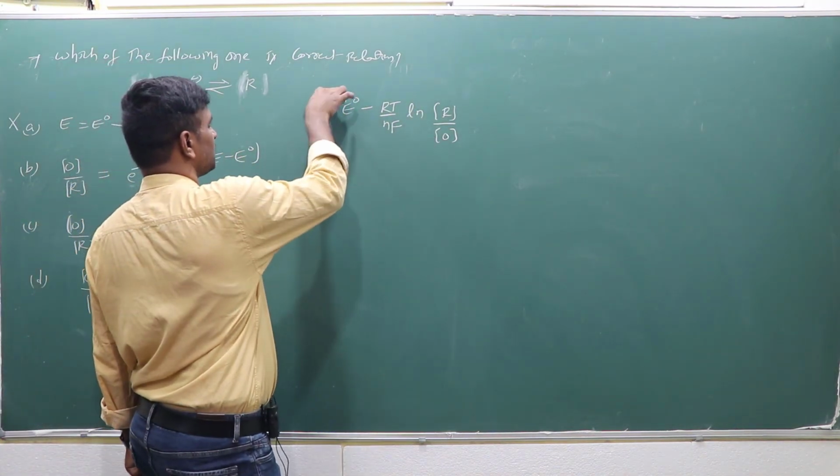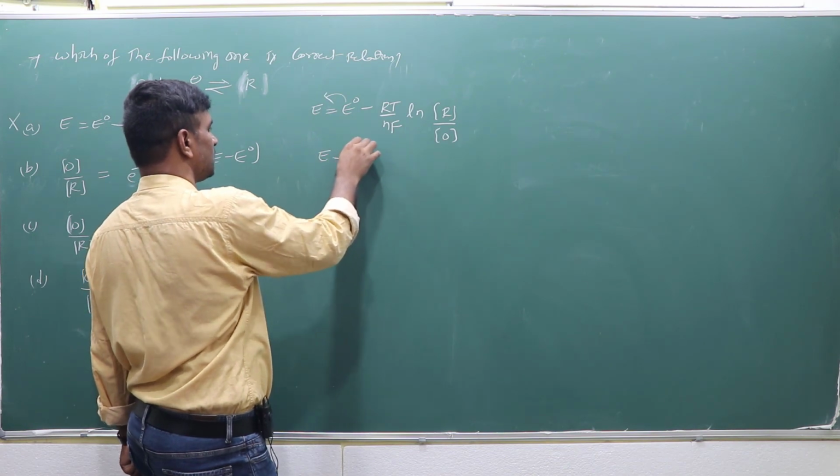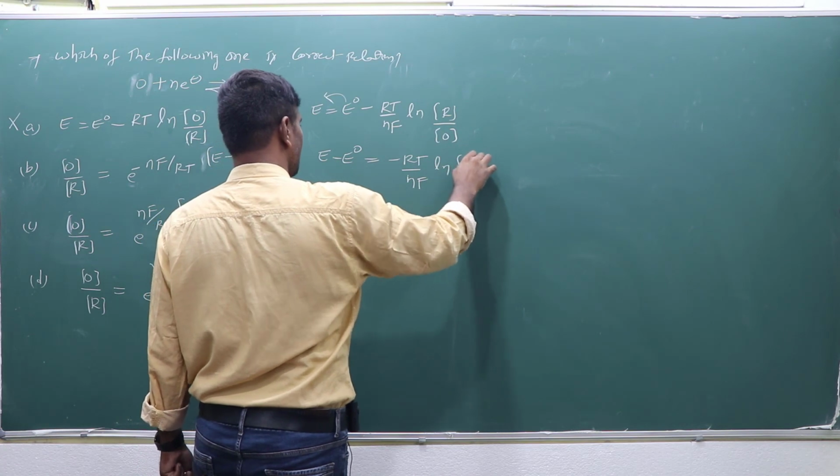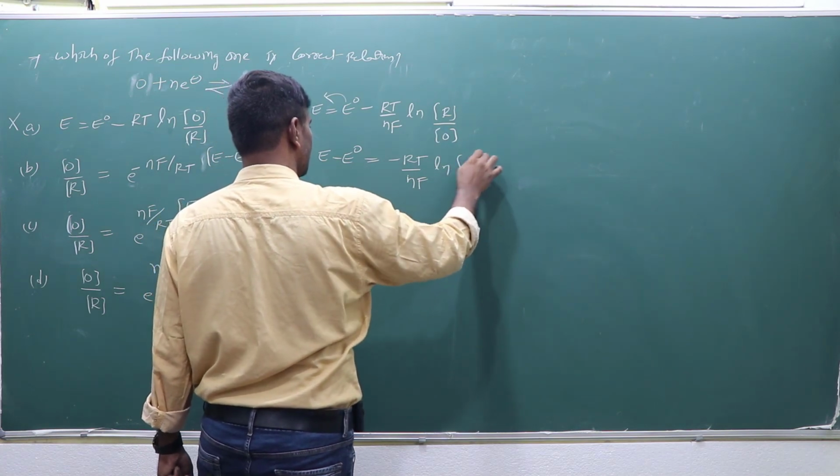If it is shifted to the right side, what will happen? E minus E naught is equal to minus RT by nF ln reductant by oxidant concentration.